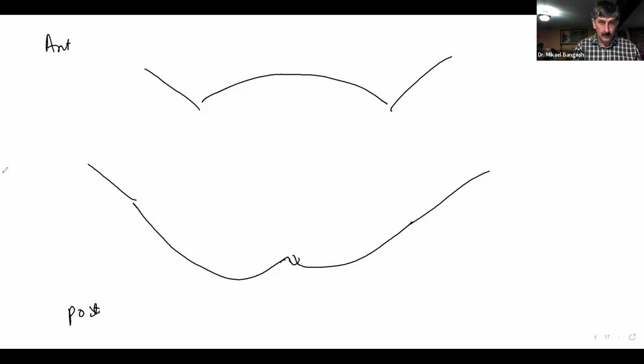So this area here is what we call the mons pubis. Now, why is that? Because here we have the two pubic bones meeting one another, which we call the pubic symphysis.